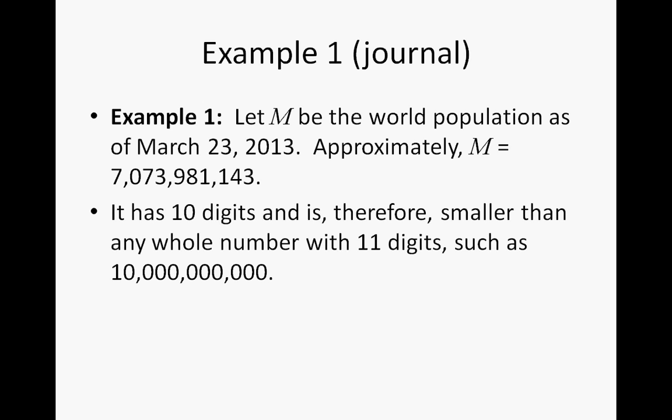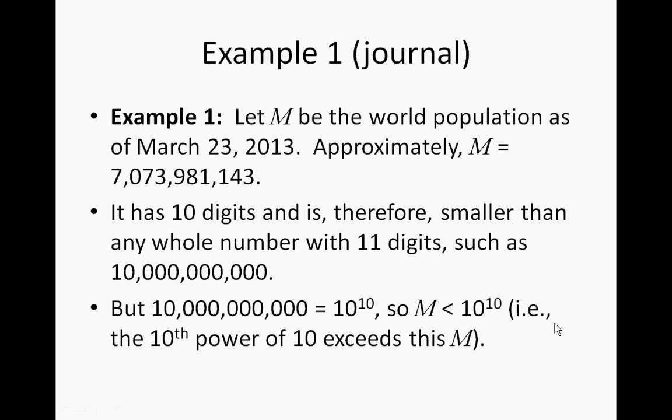It has 10 digits, if you count those up: 3, 6, 9, 10. And it is therefore smaller than any whole number with 11 digits, such as 10 billion. If you notice, this is 10 billion, this is 7 billion. This has 11 digits: 3, 6, 9, 10, 11.